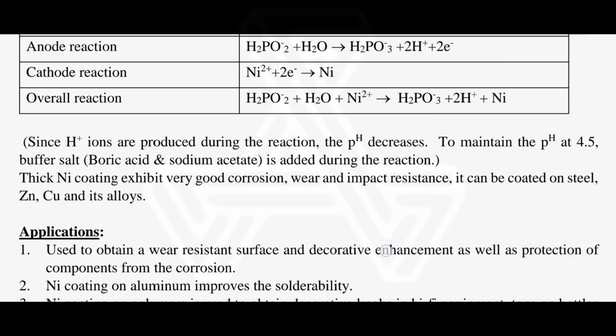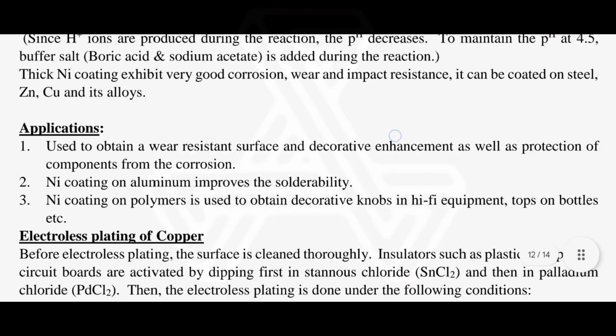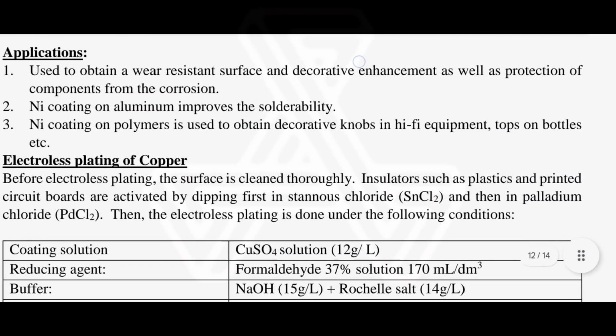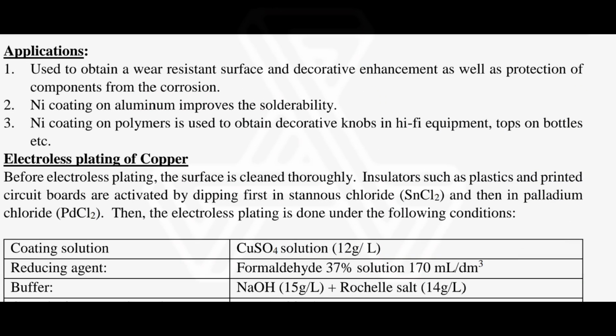Thick nickel coatings exhibit very good corrosion, wear, and impact resistance. It can be coated on steel, zinc, copper, and their alloys. Applications: used to obtain a wear resistant surface and decorative enhancement, as well as protection of components from corrosion.